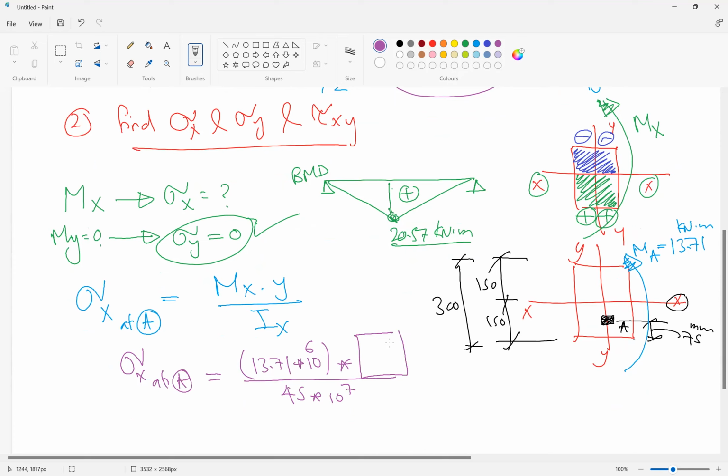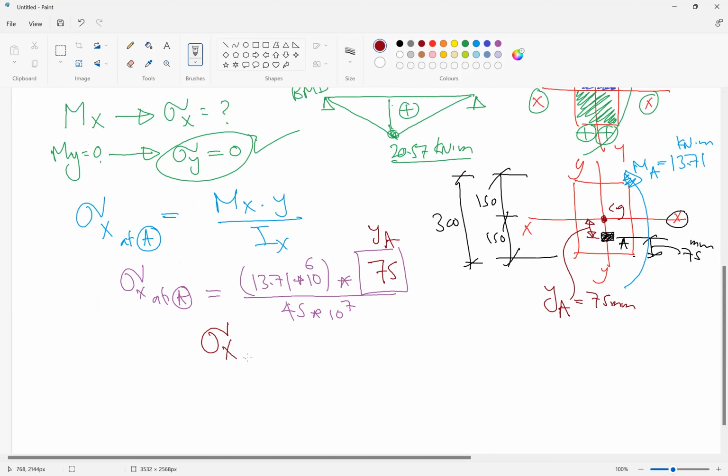This is the important thing here. Y is the distance from the centroid CG to the point we are studying, so this is y A, which is 75 millimeter as well. So sigma x at A equals 13.71 E6 times 75 over 45 E7, which is 2.285 megapascal.